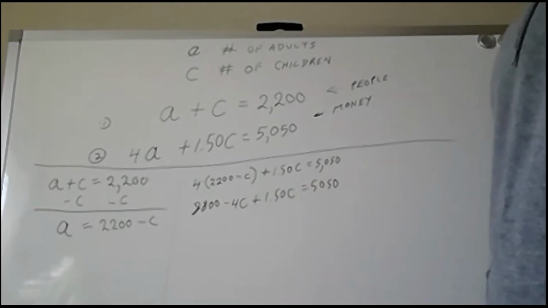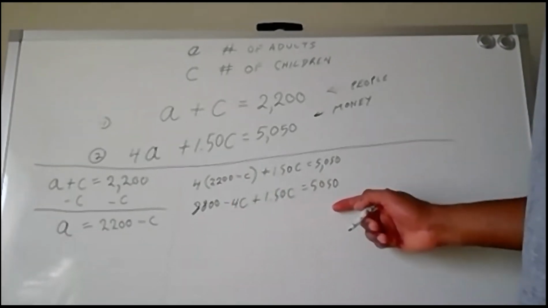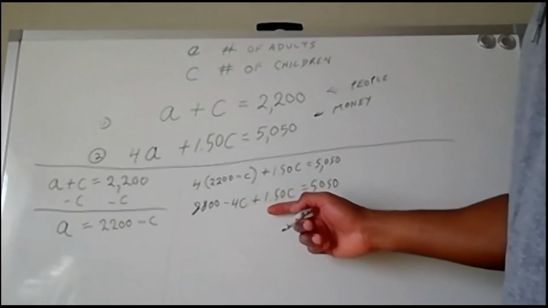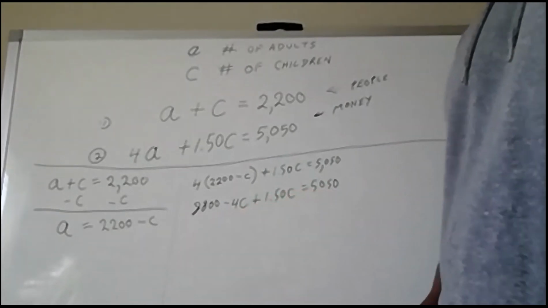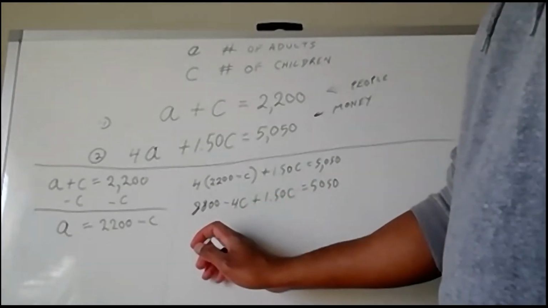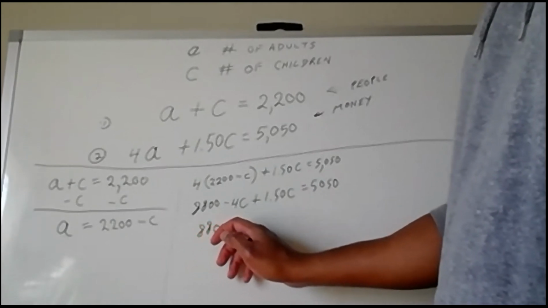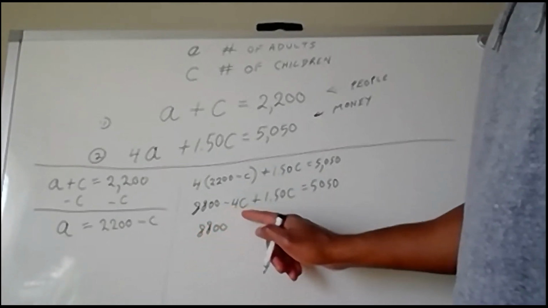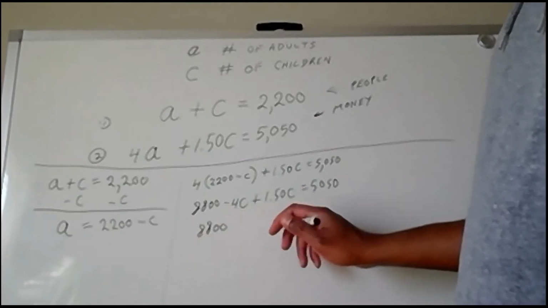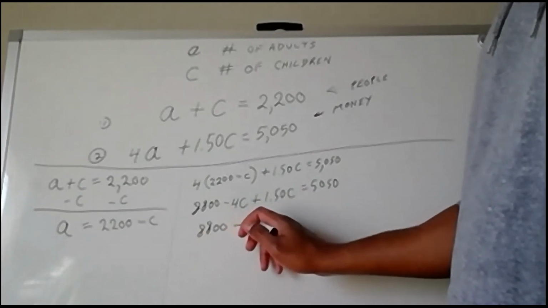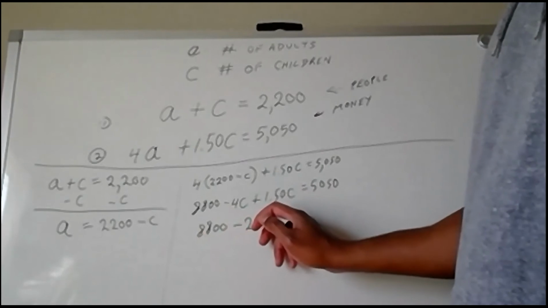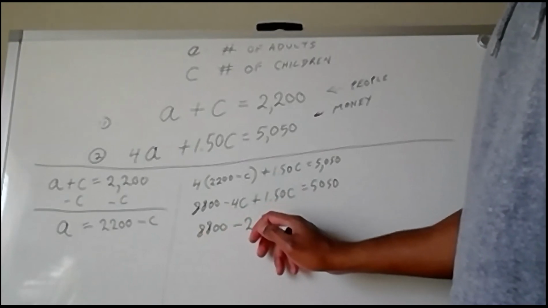Now I'm going to combine my like terms, which are my C's here. I'm going to combine these two C's. So I'm going to have 8800. What's negative 4C plus 1.5C? Well, that's negative 2.5C.